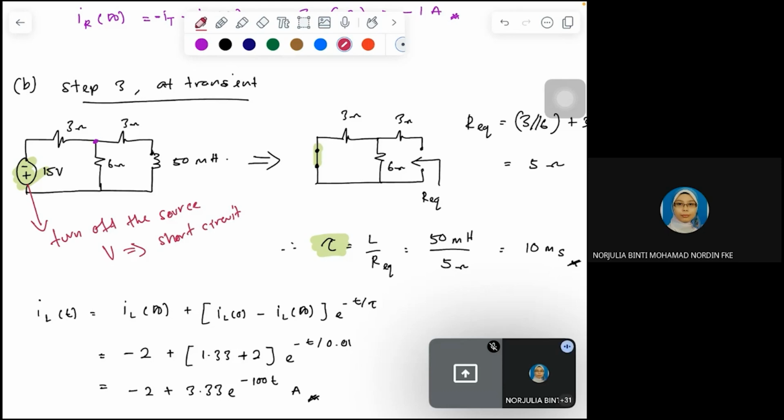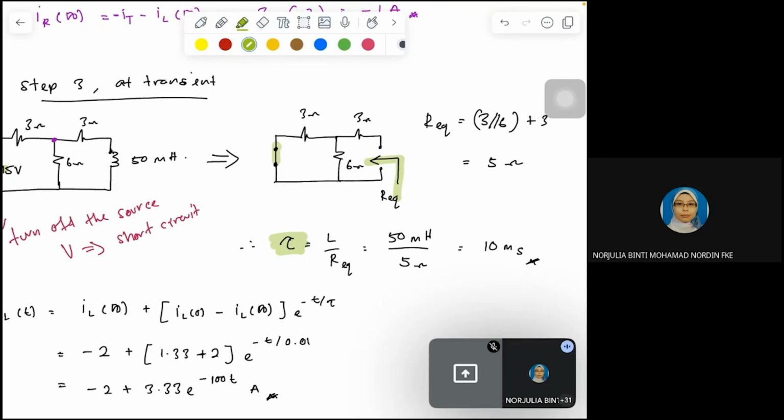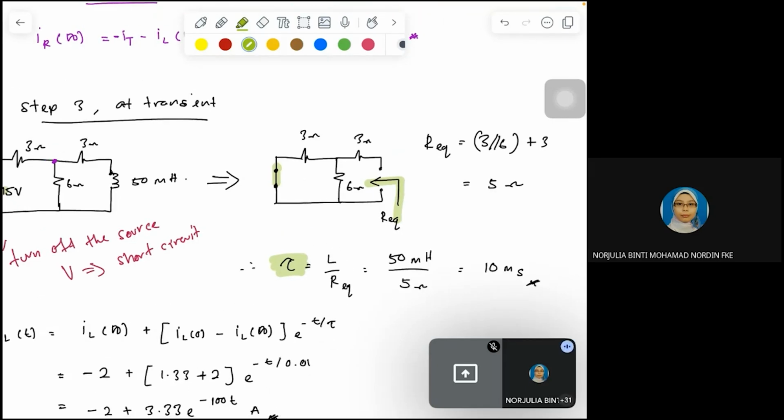After turning off your sources, we take out or remove your inductor. From that inductor point of view, find the R equivalent. In this circuit, your R equivalent is 3 ohm parallel with 6 ohm and series with 3 ohm.